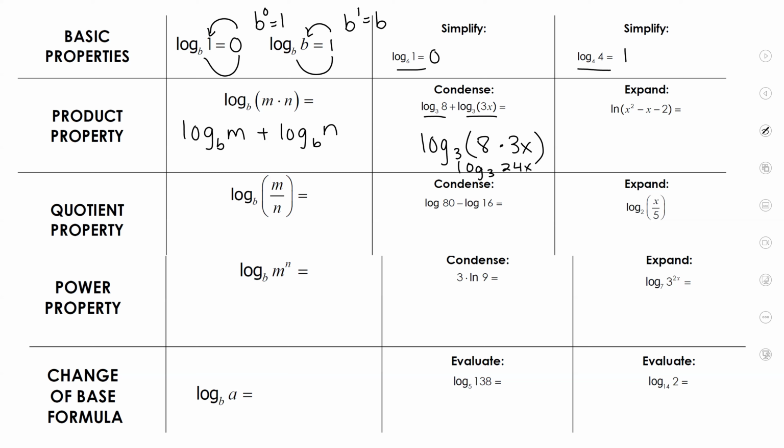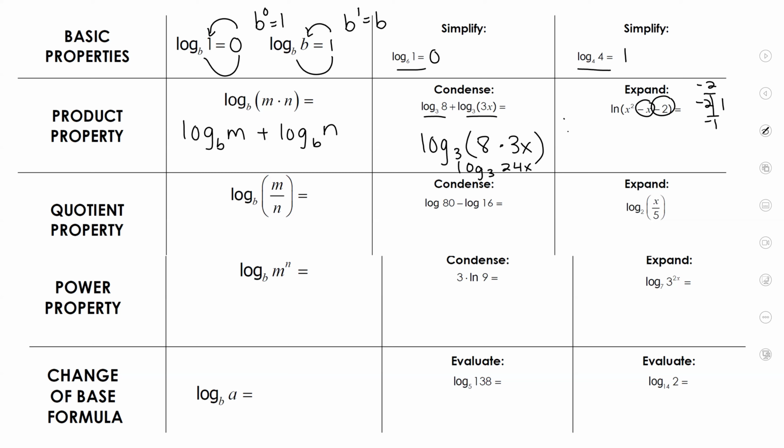Now I'm going to expand it to make two different natural logs. In order to do this, I need to factor first. So can you guys think of two numbers that will multiply to -2, but add to give me -1? -2 and a +1.